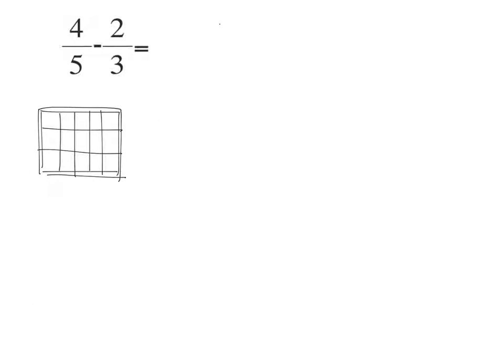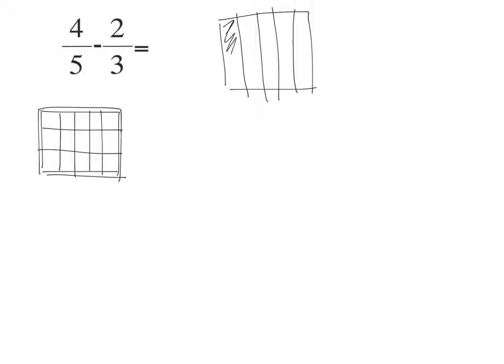Let's start by drawing 4/5. I can do that by drawing a rectangle and dividing it into 5 sections. There we go. Ella, how many of those sections do I need to color in? 4, you got it. 1, 2, 3, 4.